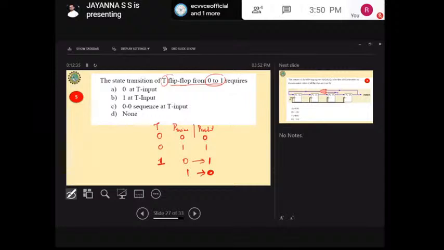According to the question, the T flip-flop transition from 0 to 1 requires t equal to 1. When T is equal to 1, the transition will be from 0 to 1. So I'm going to choose this option, 1 at T input.